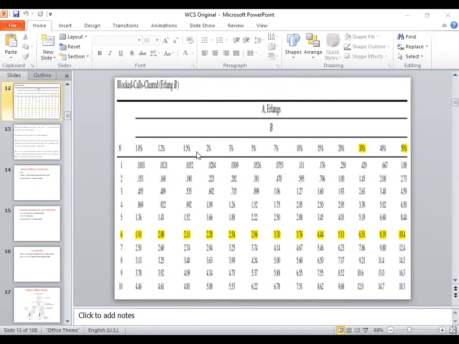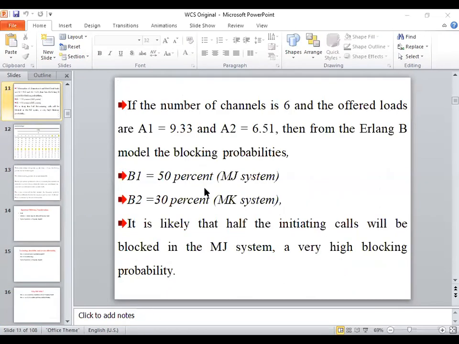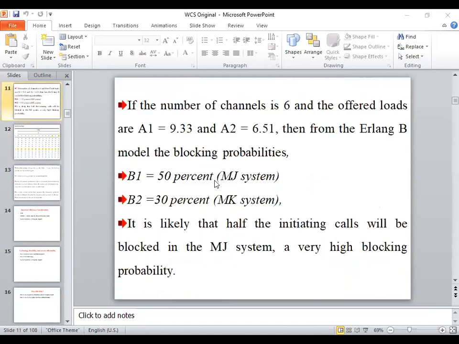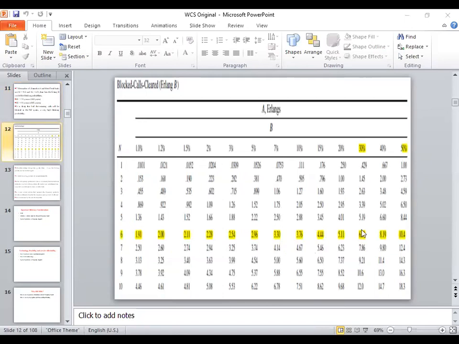This is the table from where I got this. B1 is your 50%, whereas B2 is your 30%. As you can see, the 9.33 value is approximately in this column, so 50% blocking. And your second one was 6.51, which falls under your 30%.